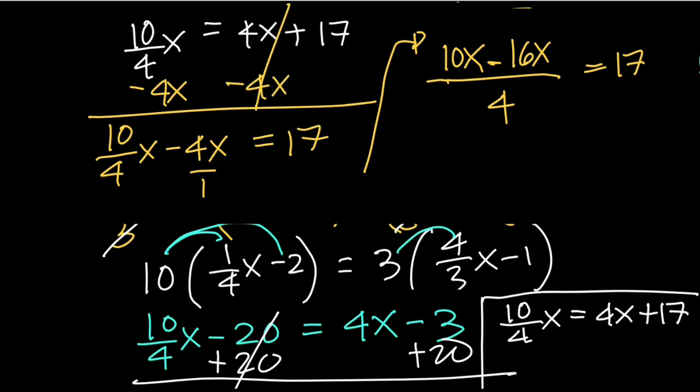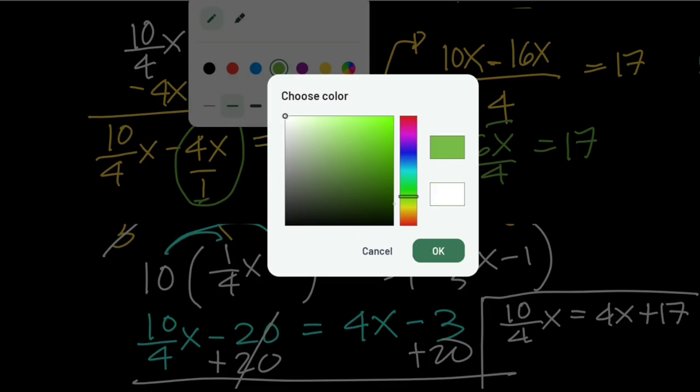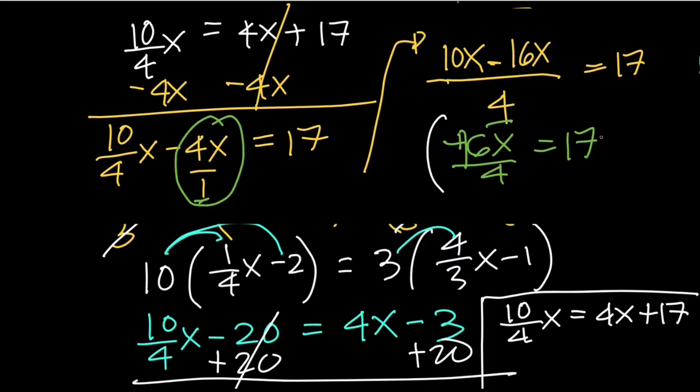Are you okay? 10x minus 16x is -6x/4 equals 17. Oh, 16, from here, because you get the LCD, 4 divided by 1 is 4, 4 times 4 is 16. Yes. So we have negative 16 over 4x equals 17. So you can multiply both sides by 4.